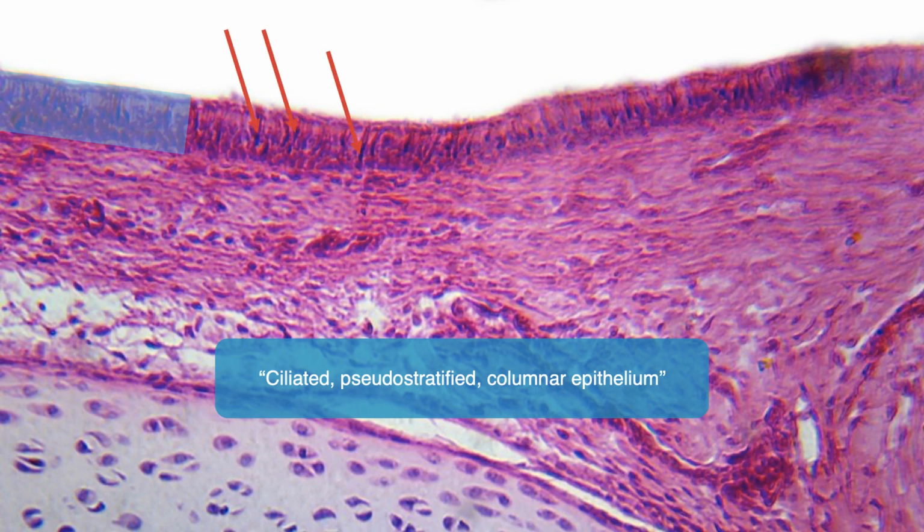The giveaway that differentiates between stratified versus not is the position of the nuclei. In stratified epithelium, you're going to have many distinct layers of nuclei, little dark staining dots, and they'll all seem ordered. We don't see that here. I'm pointing with these red arrows to different nuclei that seem to be at multiple levels.